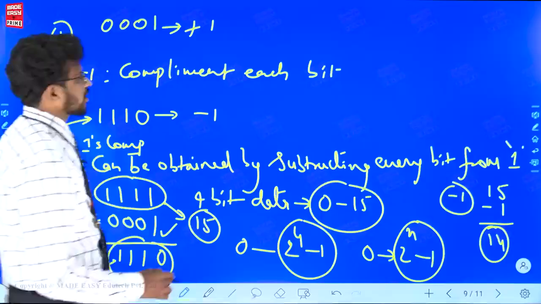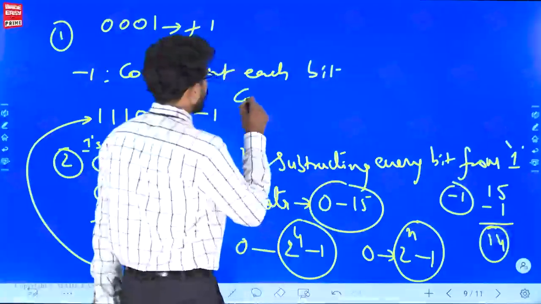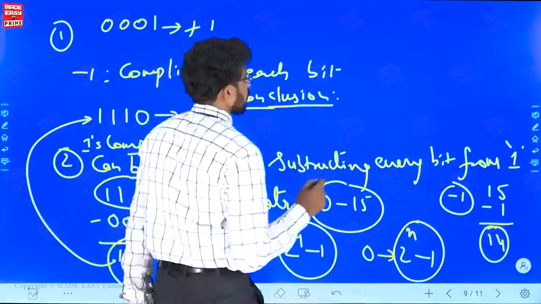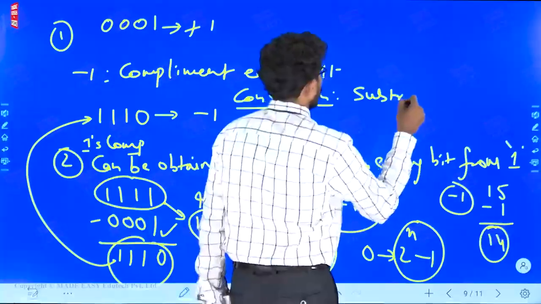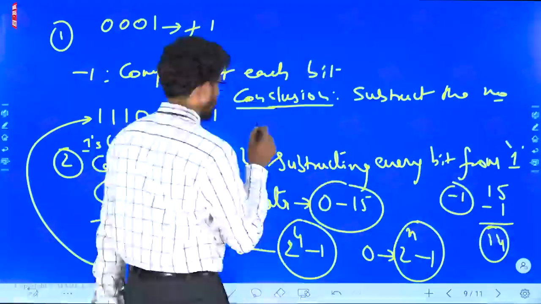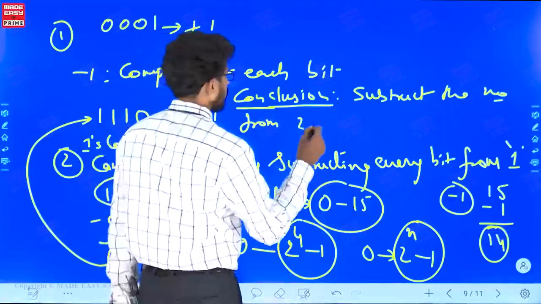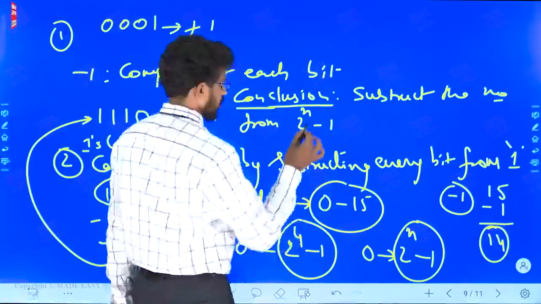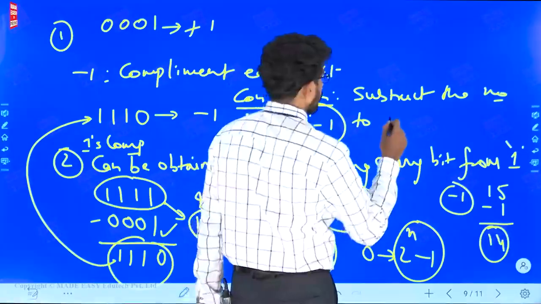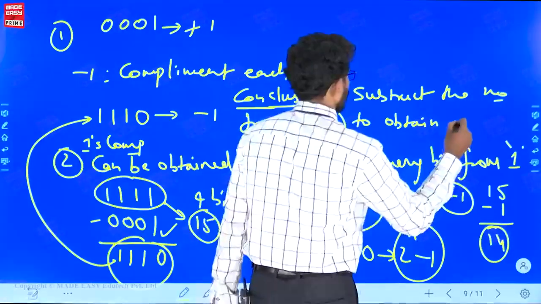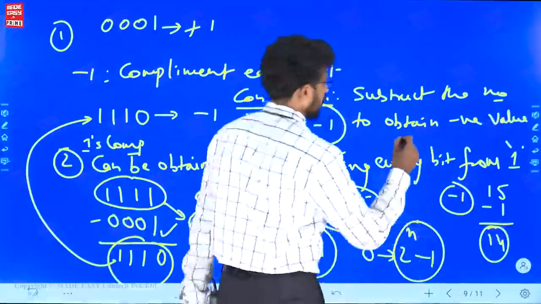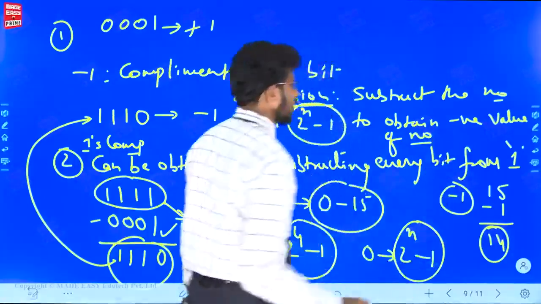Right. So what is the conclusion here? The conclusion is: subtract the number from 2 power n minus 1, where n is the number of bits, to obtain the negative value of the corresponding number.